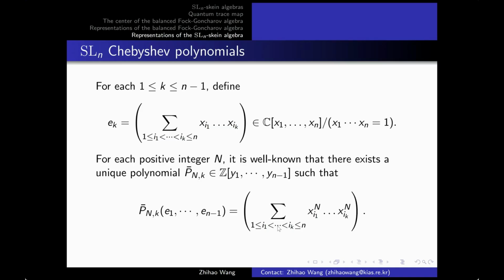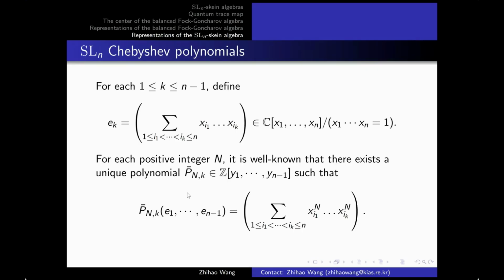Inside this big bracket is a symmetric polynomial, and it is well known that elementary symmetric polynomials generate all the symmetric polynomials. Why don't we use e_n here? Because e_n is 1. So we just use the first n minus 1 elementary symmetric polynomials. And this polynomial is unique.